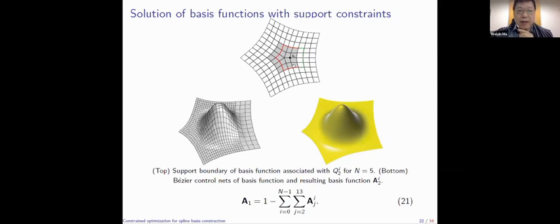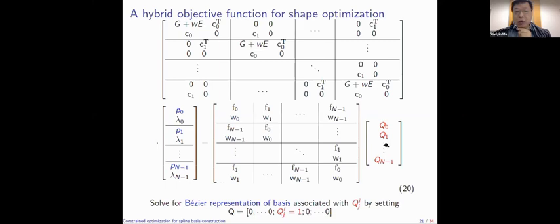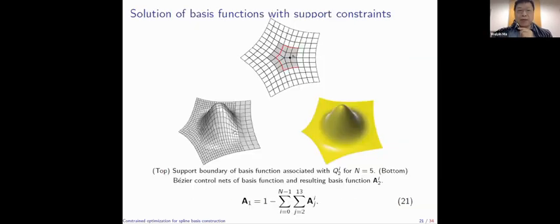Here, for example, you see one of the basis functions at this position, so we call it A2. For this basis function, it's solved by assigning Q2 equal, I think the index should be Q1. In any case, by assigning 1 to the corresponding one, all the others to 0, and then you solve for all the Bezier control points for all the related patches. And that's the resulting basis function we produce. That's the basis function. These are the control points.